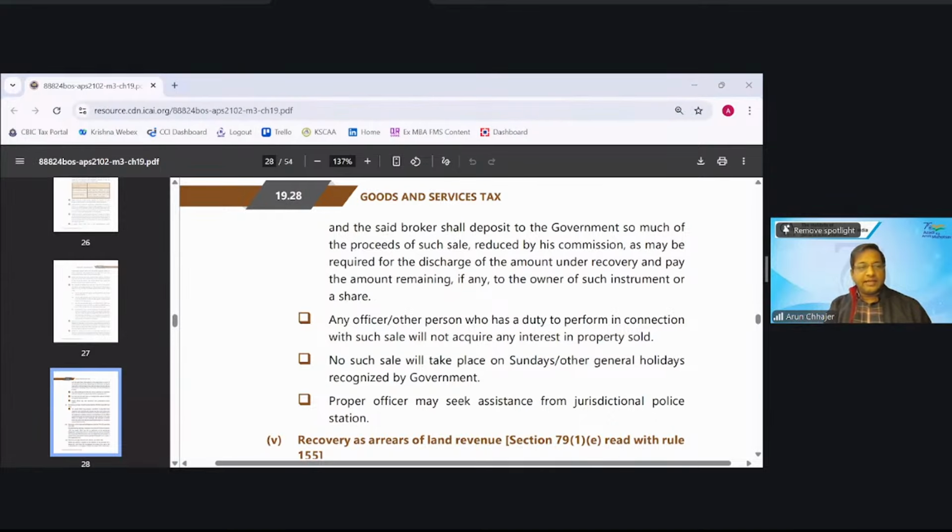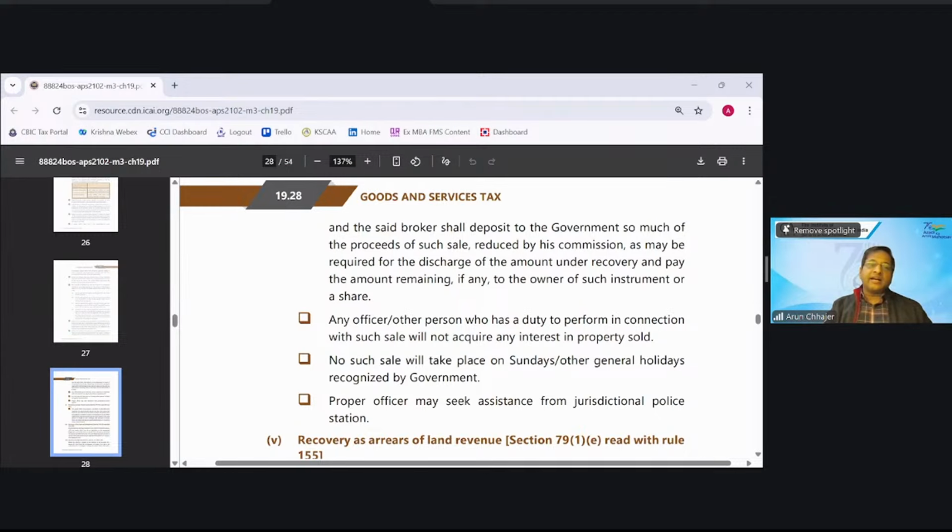And can it be extended? If yes, by how much? By 6 more months.